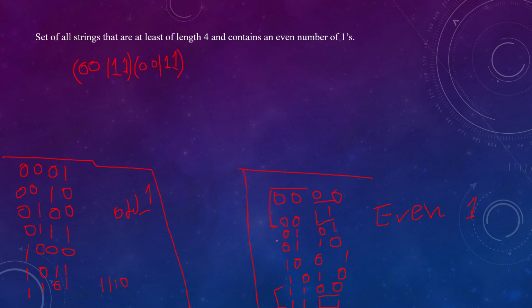Similarly, for these 4 digits we have 10 and 10, and then 01 and 01 common, so for these 4 digits we can have 01 or 10 for the first 2 digits, and then 01 or 10 for the last 2 digits, right? 01 or 10.